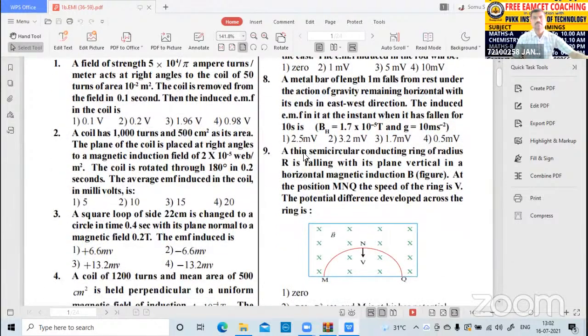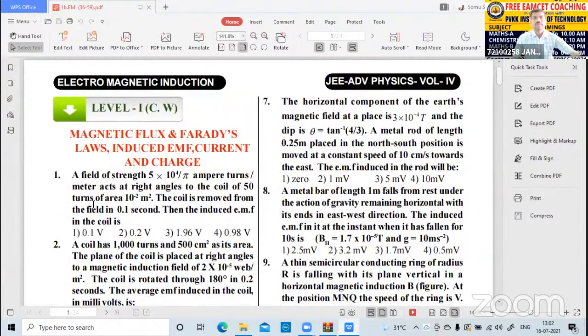First problem, take a look. A field of strength 5 into 10 to the power of 4 by pi ampere turns per meter acts at right angles to a coil of 50 turns of area 10 power of minus 2 meter square. The coil is removed from the field in 0.1 seconds. Then the induced EMF in the coil is.